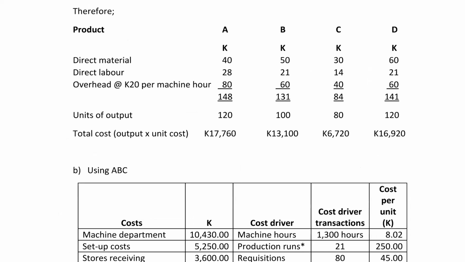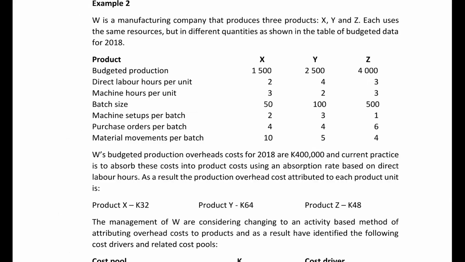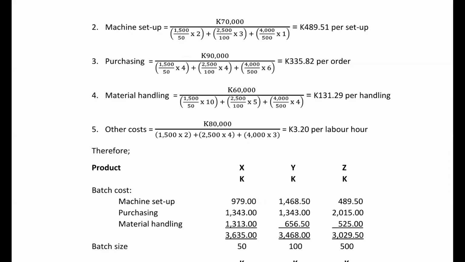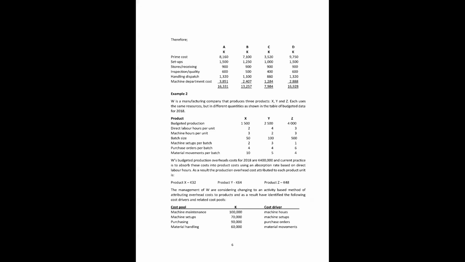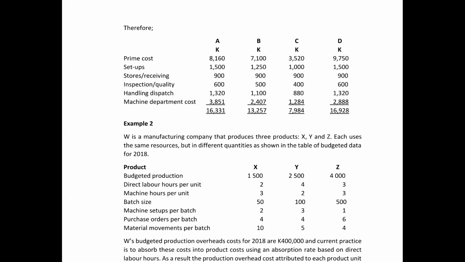Let's check when you're using ABC costing. If you use the ABC costing, that will be 13,257. You will see the reduction in some values in terms of the cost. So basically, this is the conversation.